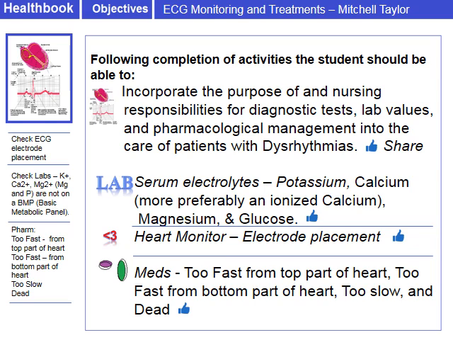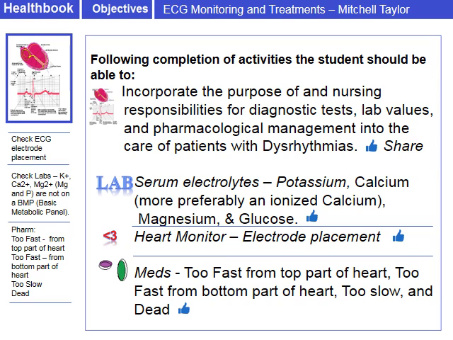The little symbol there shows the heart. It looks like less than and 3, but that's actually a little texting heart symbol. So heart monitor, electrode placement we'll talk about, and then we'll talk about medications for too fast from top part of the heart, too fast from bottom part of the heart, too slow, and dead.